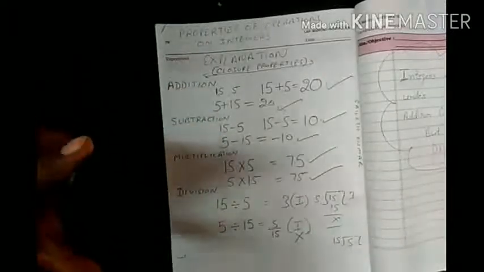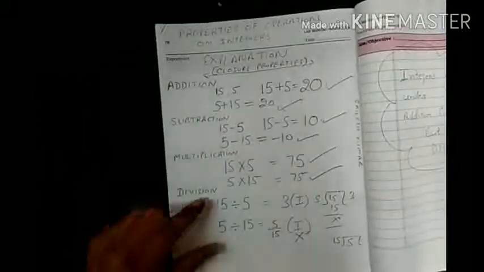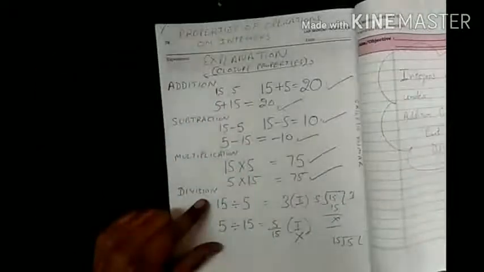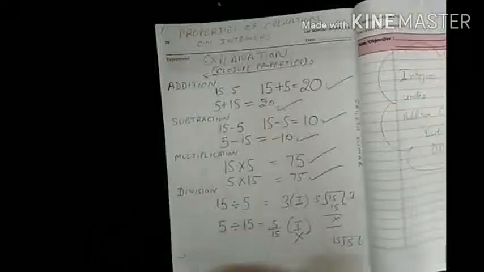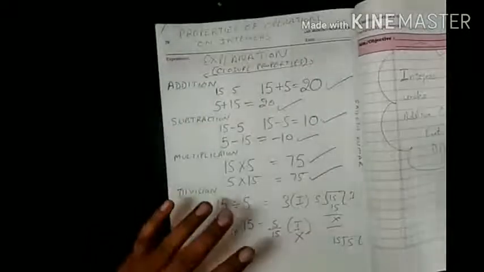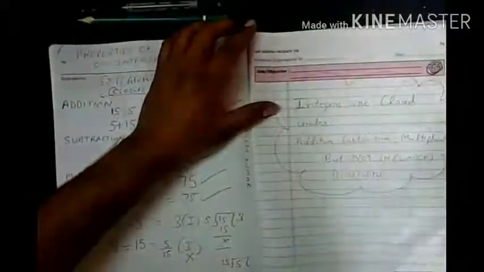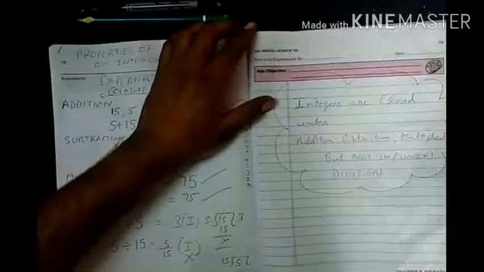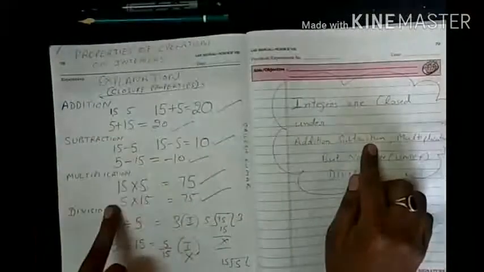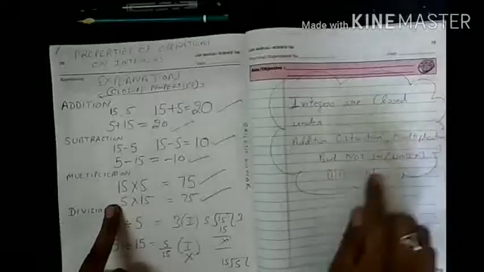But in the division operation, we don't get an integer every time. So we can say that integers are closed under addition, subtraction, multiplication, but not under division.